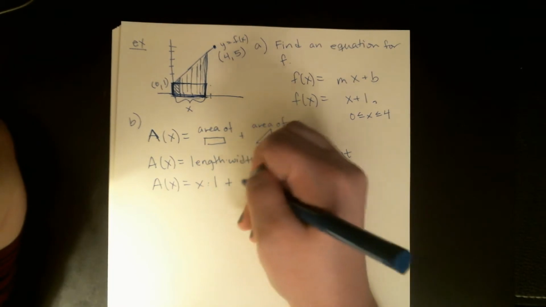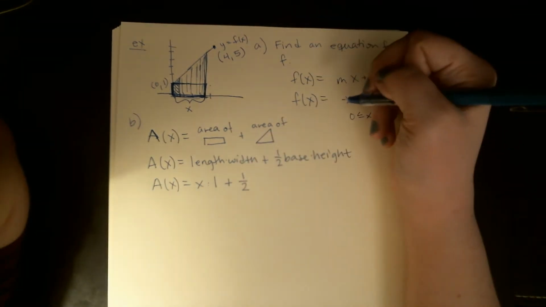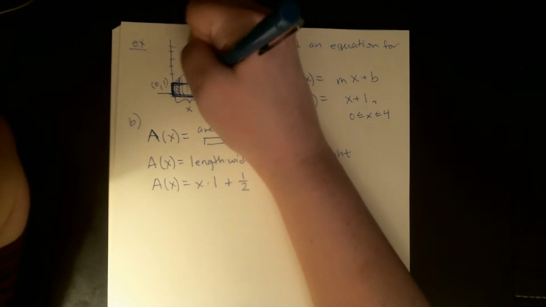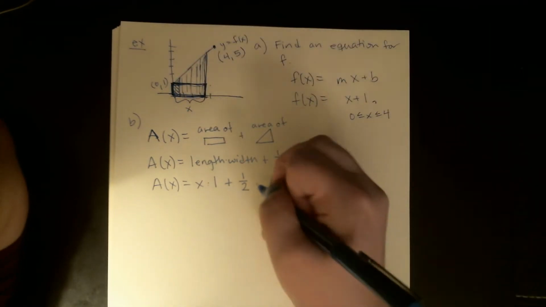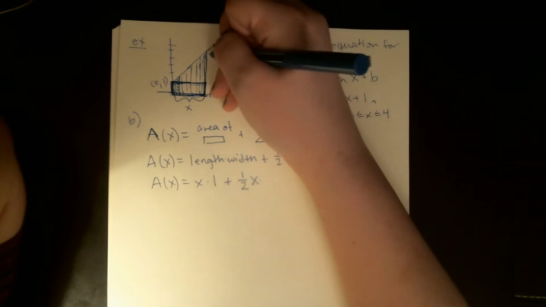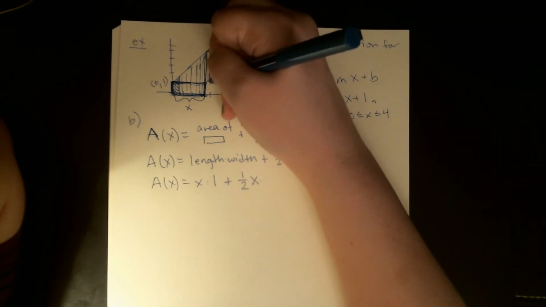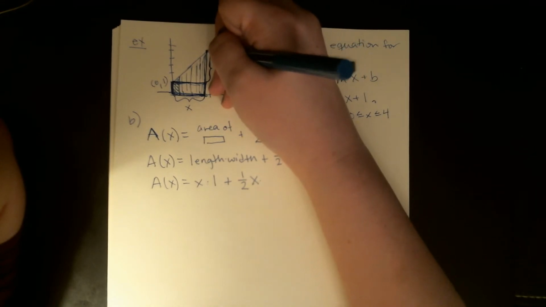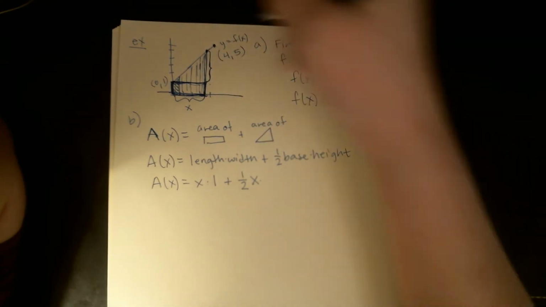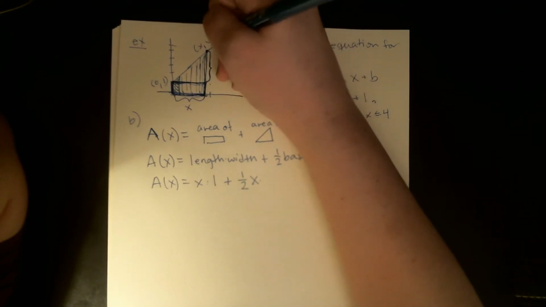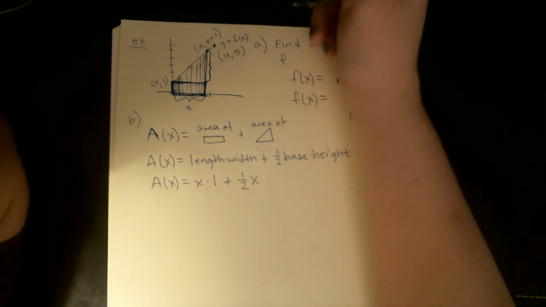For the triangle, the base of the triangle will be exactly the same as the base of the rectangle. So this is the base of the triangle. So that is also an x. The height of the triangle is right here, and I can see a couple of ways to get it. One is that this point is on the graph of f of x equals x plus 1. So this point, if the x-coordinate is x, the y-coordinate is x plus 1.